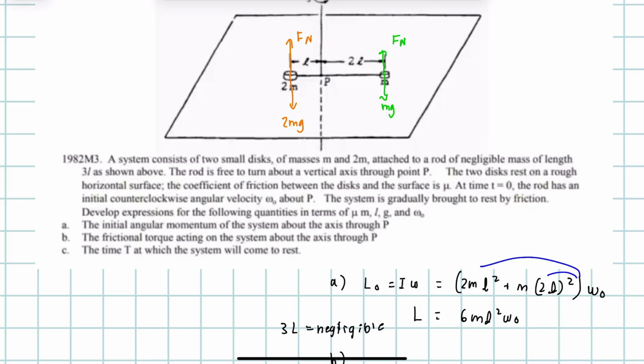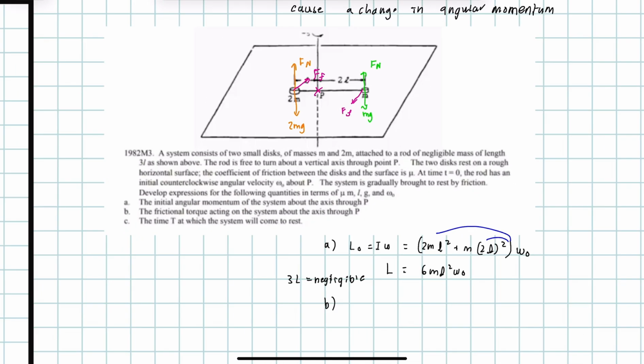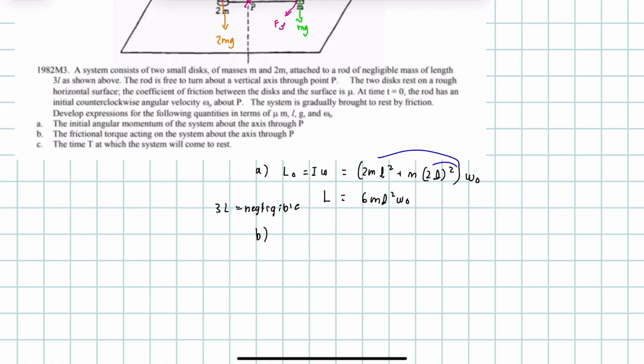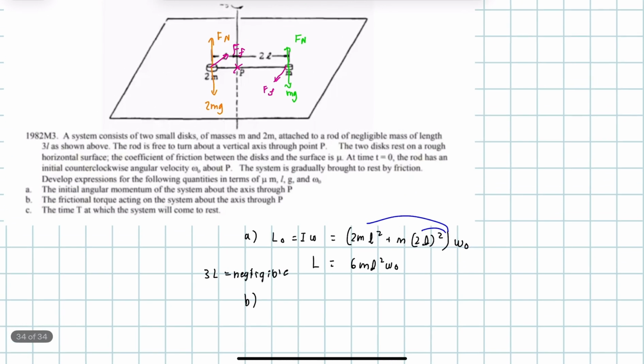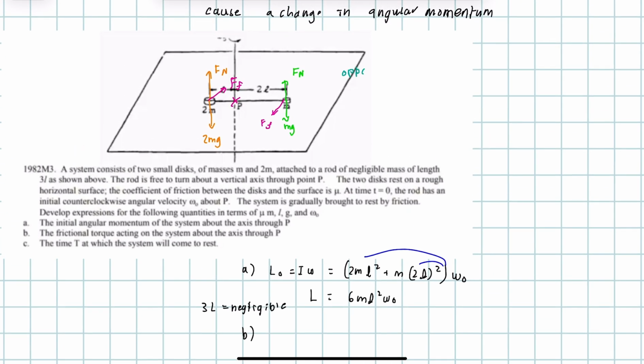We can also label the friction F like this, and also F like this, and this is going to be the center, right? So it's going to be opposing the motion as it's spinning around, parallel to the plane.